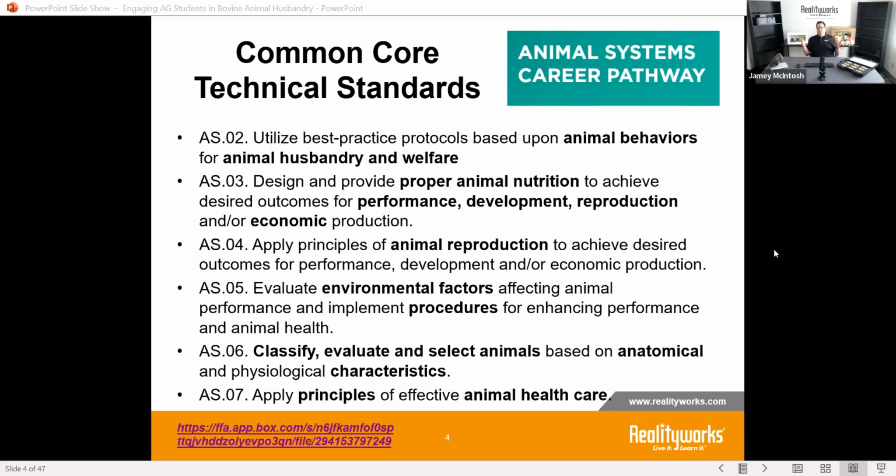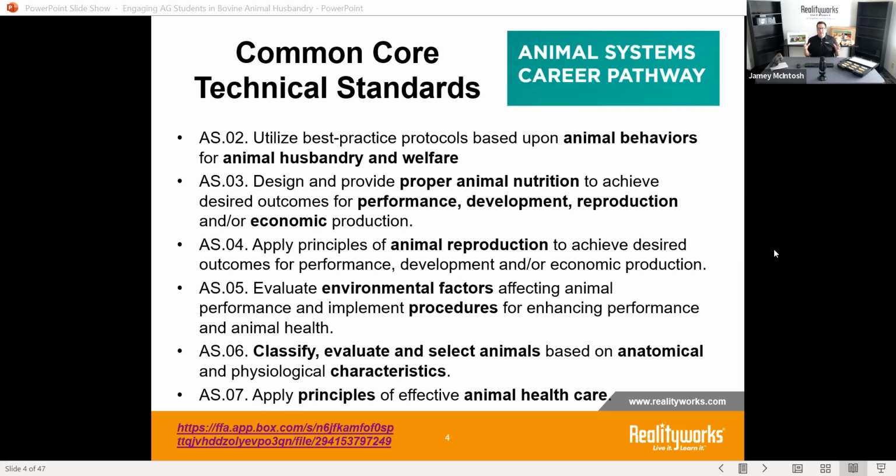All of these principles within the Common Core technical standards are things that we see in the classroom teaching, and the products and educational opportunities that we bring forward work hand in hand in that world.